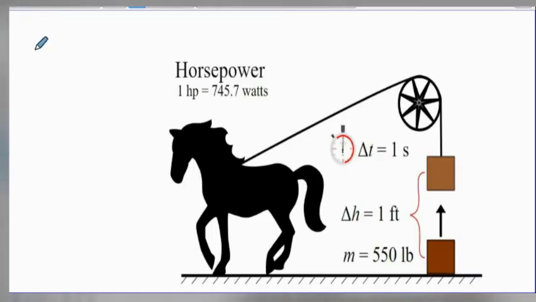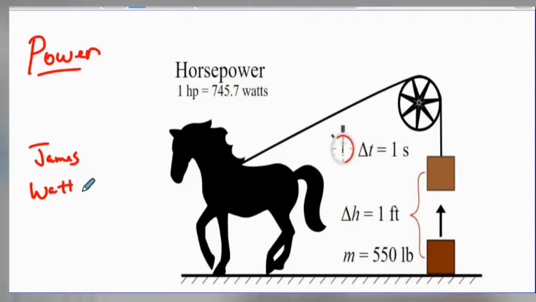This lesson is going to look into power. We've probably heard of horsepower before, and this goes back to some experiments done by James Watt, an engineer from Scotland, who did lots of exploration and measured how fast a horse could lift weights.